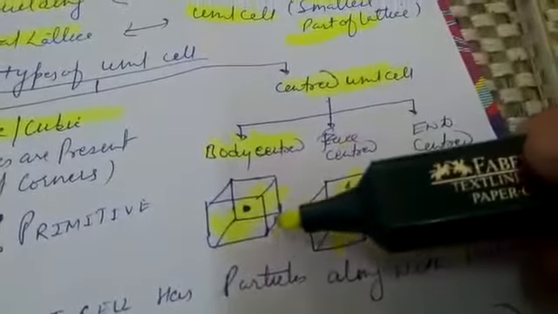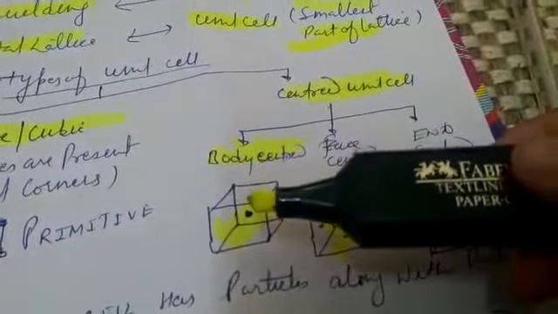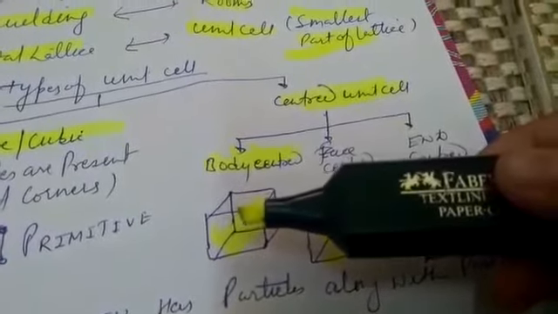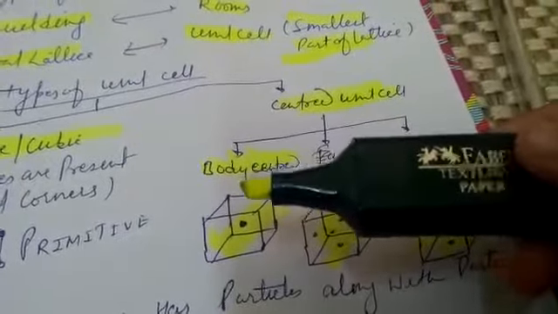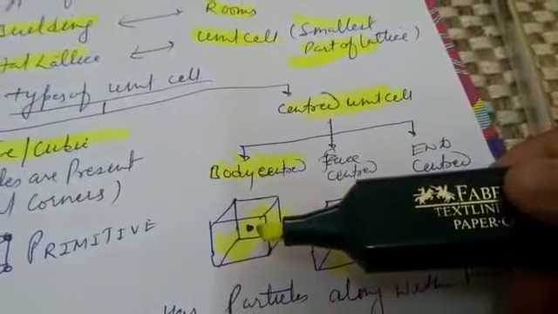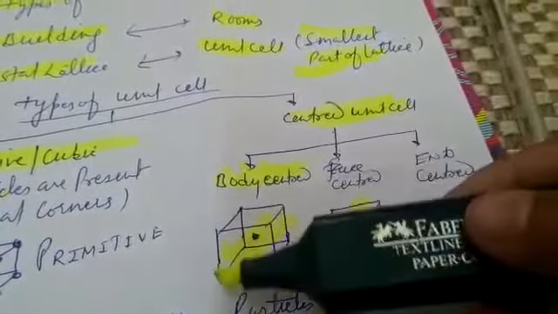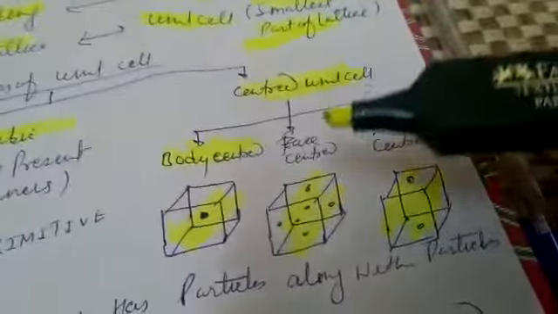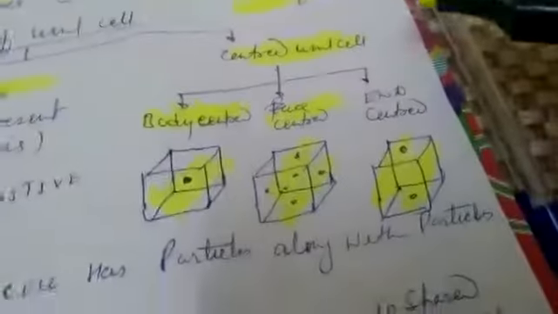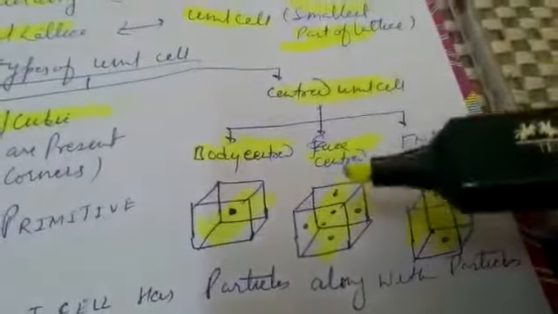First, body centered unit cell. The unit cell which contains a particle at the center of the body along with particles at the corners is called a body centered unit cell. Second is the face-centered unit cell.